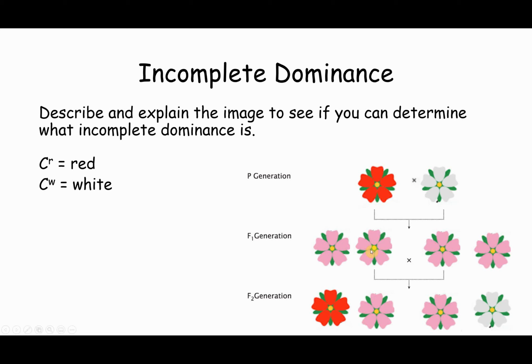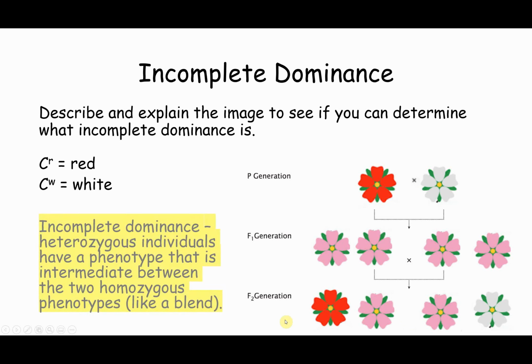Then if I take two flowers from that F1 generation, I notice that it then expands back out. Most of my flowers are still pink, but I do have some red and I do have some white. So I start to see the parent generation's phenotype again. And the reason why is because of something called incomplete dominance.